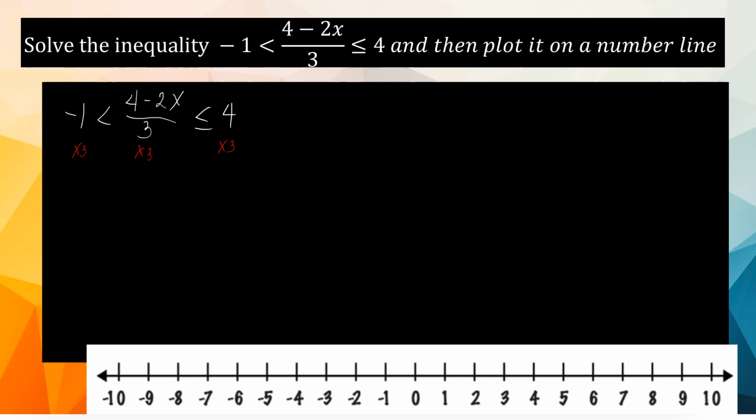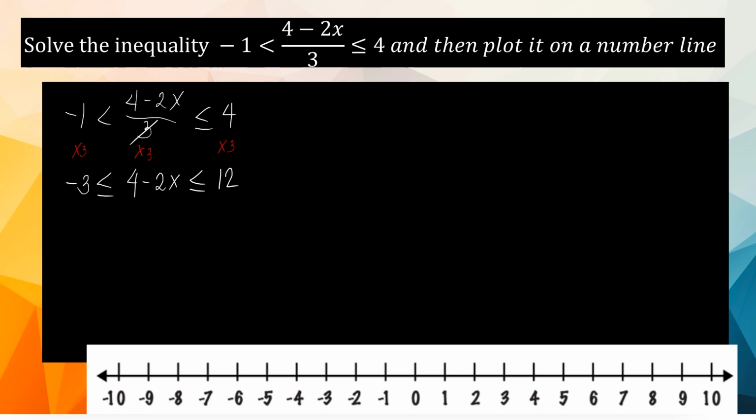So now, since we multiply by 3 here, we can cancel out your 3 in the denominator. You will only have 4 minus 2x. Let's copy your inequality. And then this is 4 times 3, which is 12. And on the other side, negative 1 times 3, which is negative 3.